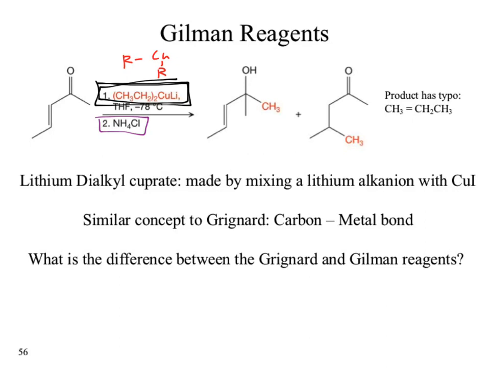Because carbon is so negative that not only will it act as a nucleophile, it will typically also act as a base. We have to kind of neutralize that base and put hydrogens back on our structure. So very similar in concept to the Grignard because of that carbon-metal bond. Our big difference is that it's copper versus magnesium, and as we addressed, copper is more electronegative than the magnesium, which makes that carbon less negative.